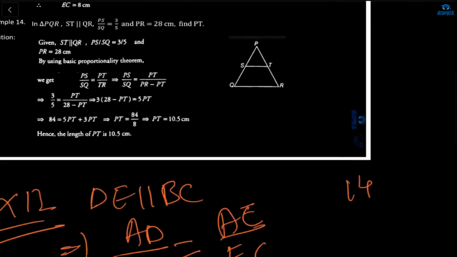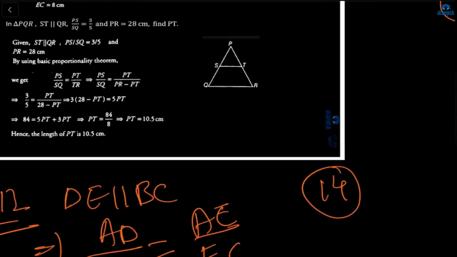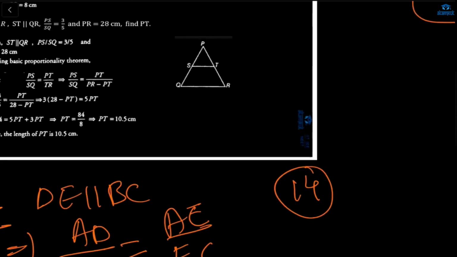Question 14. From the condition that ST is parallel to QR, what does it say? That PS by SQ is equal to PT by TR. Now the value of PS by SQ is already given, that is 3 by 5. The complete value of PR is given, and you have to find out the value of PT.